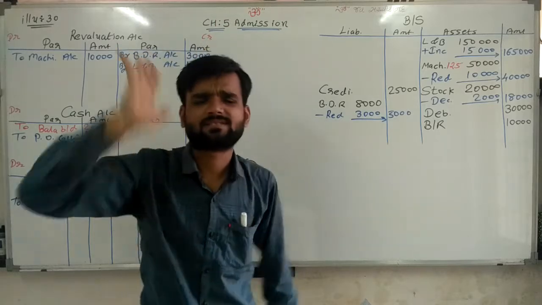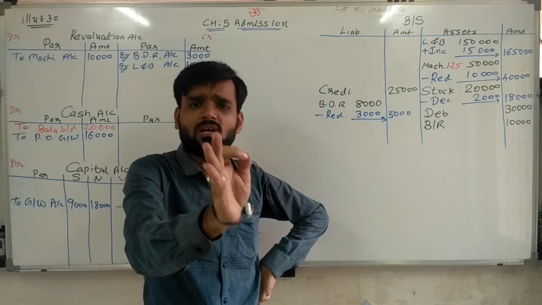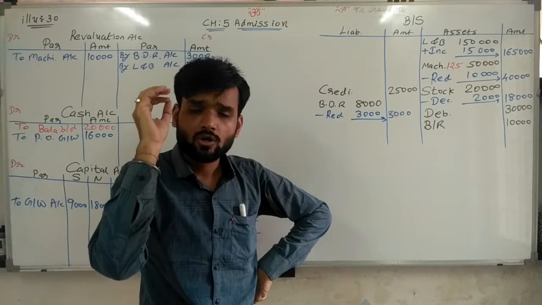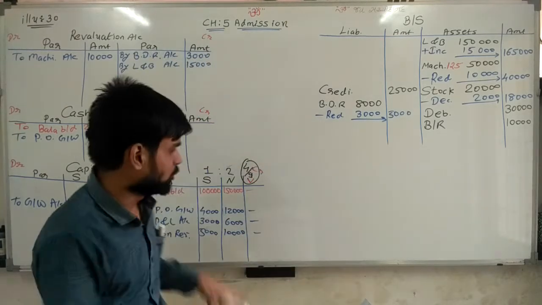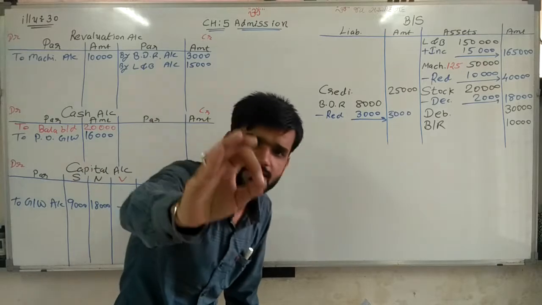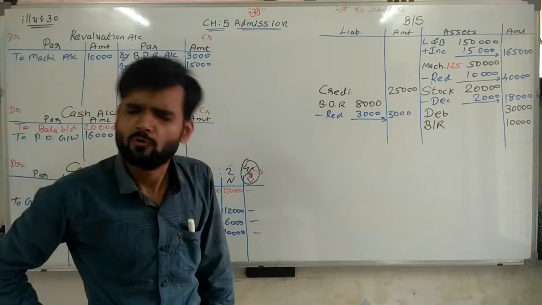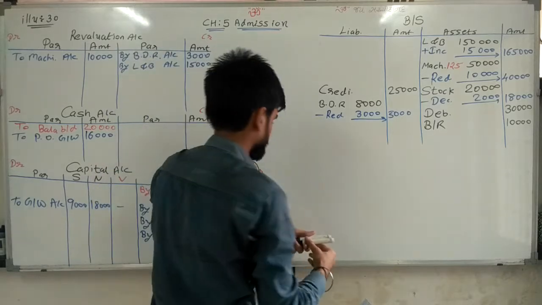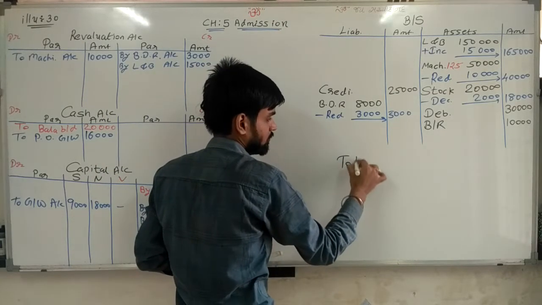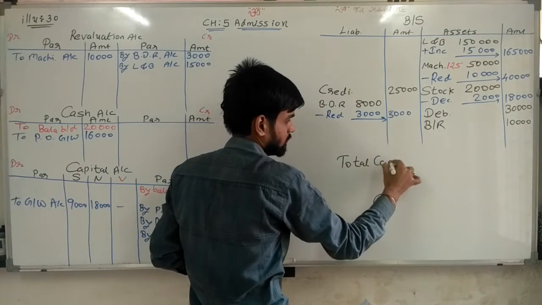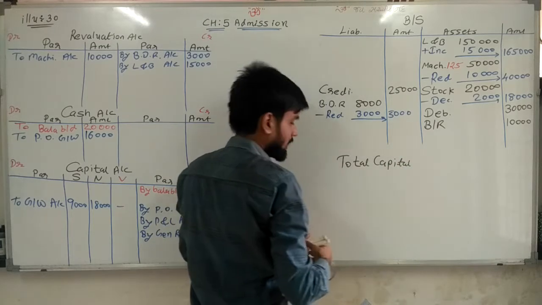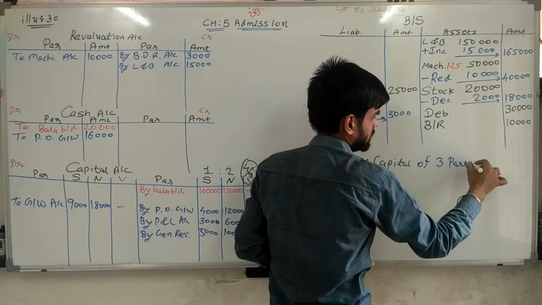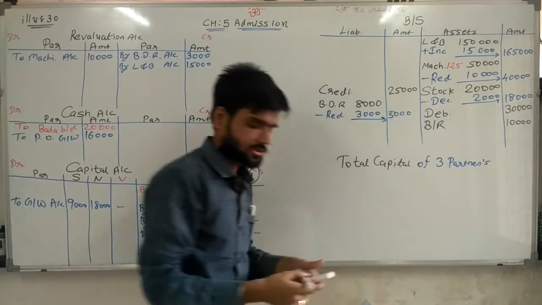Only one sentence. Whenever it is given that the new partner brings a percentage of net capital, it means the total capital of the three partners.